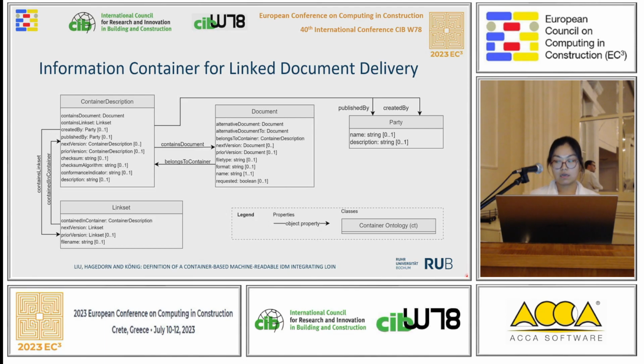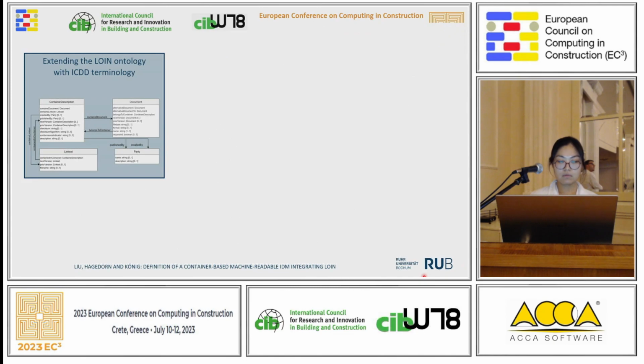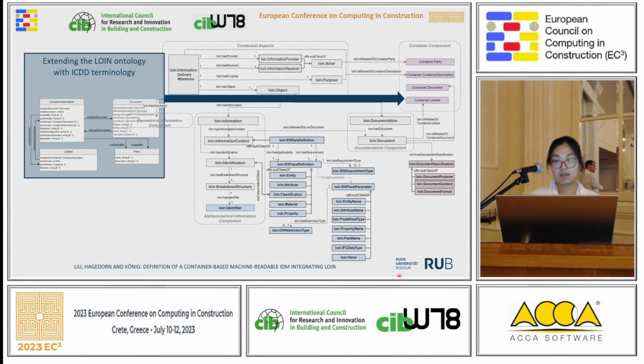So we make the extension of the component of contextual alphanumerical information and documentation for the alignment with the container ontology. The red-colored classes are defined first for clarity of document instances, which use the class LOIN document.